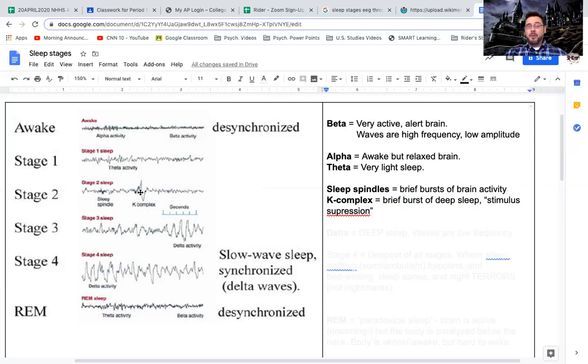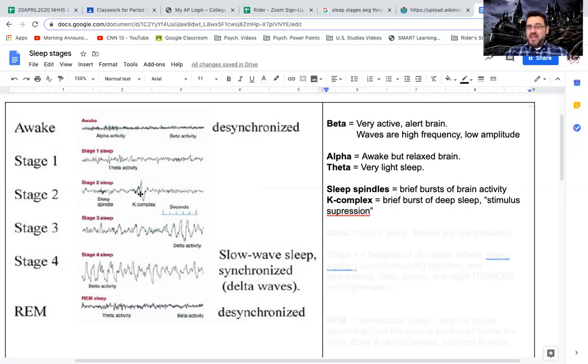This is a sign of your brain going, ignore it, let's go to sleep, let's stay asleep, let's go deeper. Ignore that sound in the environment. That's what this K complex could be a sign of, a quick little burst of deep sleep and stimulus suppression, suppressing stimuli from the environment, helping the body stay relaxed, okay?